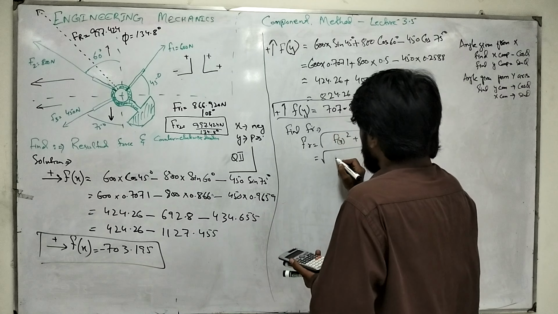Now if we have the resultant force, we need to find the theta. We know that tangent theta is equal to Fy upon Fx. If such is the case, then theta will be equal to tangent inverse of Fy upon Fx. I need to remind you over here, if we are taking Fy upon Fx, we will have an angle from the x-axis.